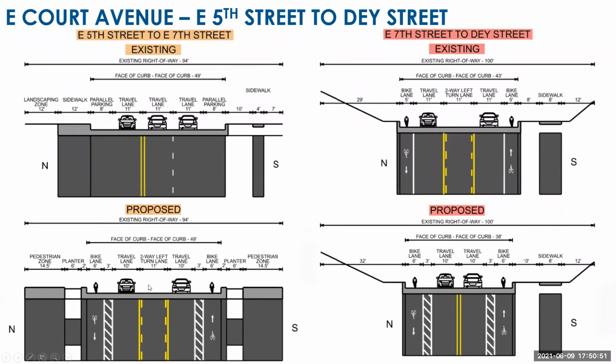And in this stretch, we're actually proposing a 2-way left turn lane or left turn lanes. And the reason for that is really what I spoke about earlier, all the development happening south of here in the Market District. Traffic's projected to grow as that development grows.